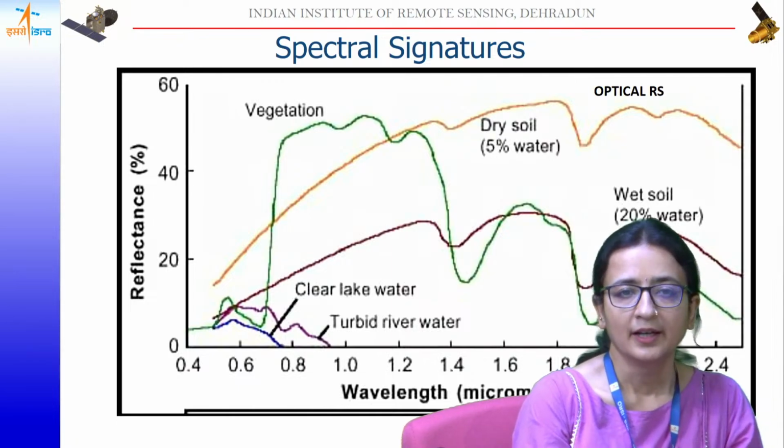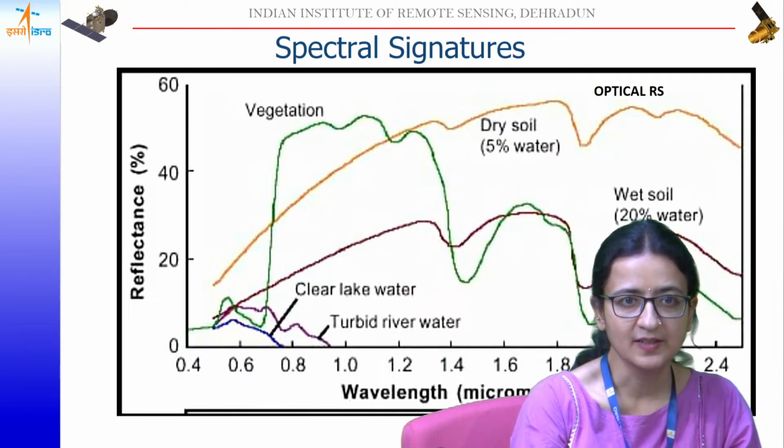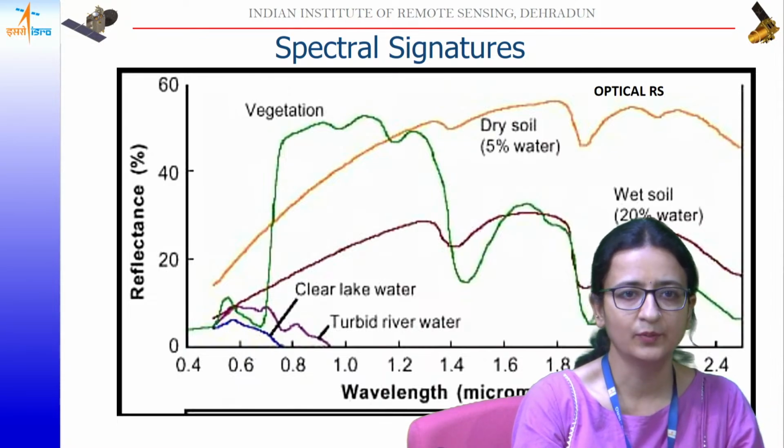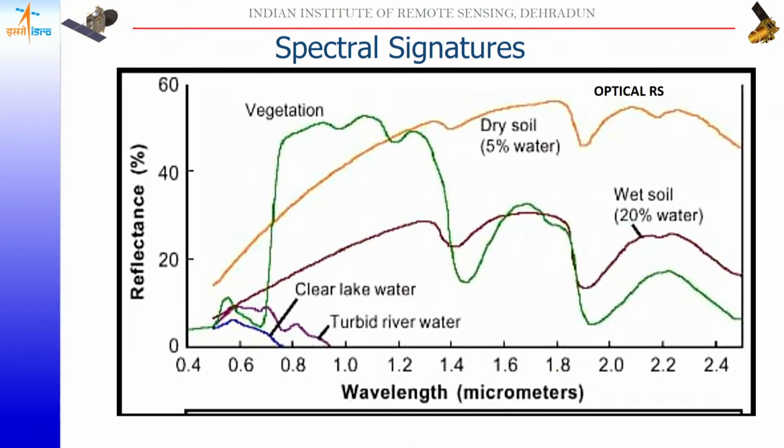Right. The next important subject is spectral signatures. I guess there is a complete 1 or 1.5 hour dedicated in the following classes to you. But here, for the time being, let's understand the concept itself. Spectral signatures are the unique identification of each feature. So, signatures mean something which is your identification and it has to be unique.